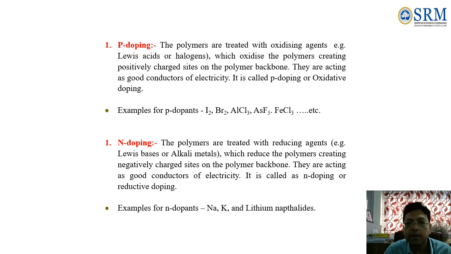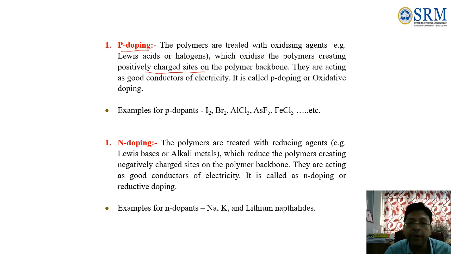As I said, the doping can be of two types, P-doping and N-doping. What is P-doping? When the polymers are treated with oxidizing agents such as Lewis acids or halogens, the oxidation of the polymer backbone takes place, and therefore there is a creation of positively charged sites in the polymer backbone. So they act as good conductors of electricity. It is called P-doping or oxidative doping.